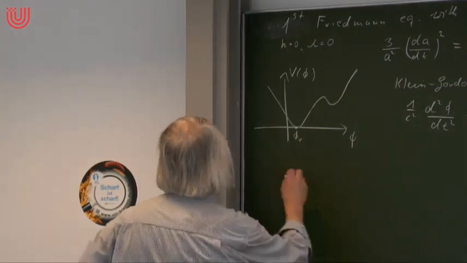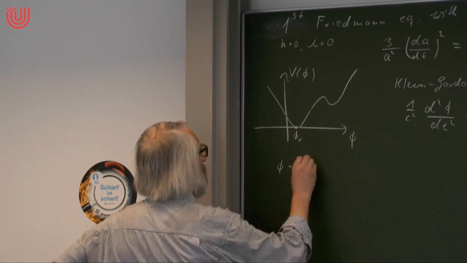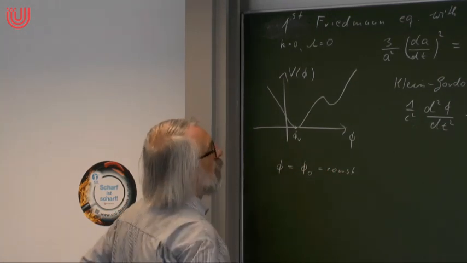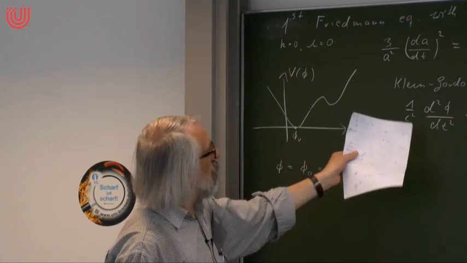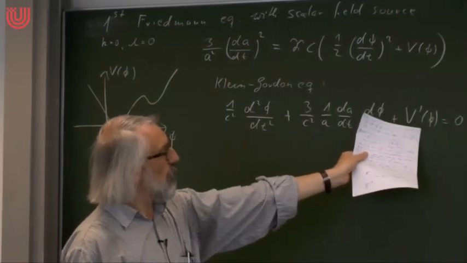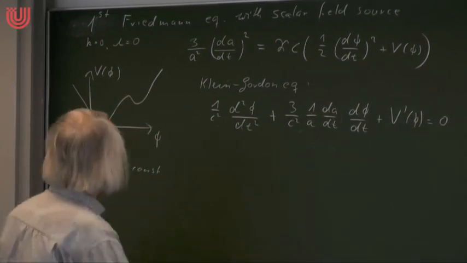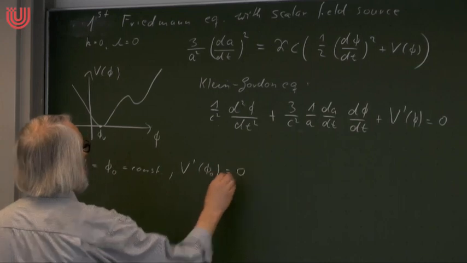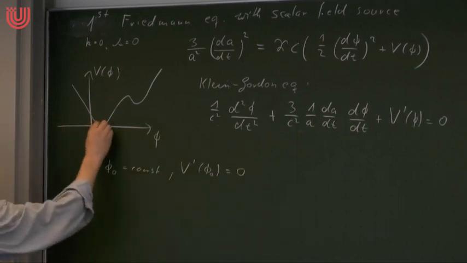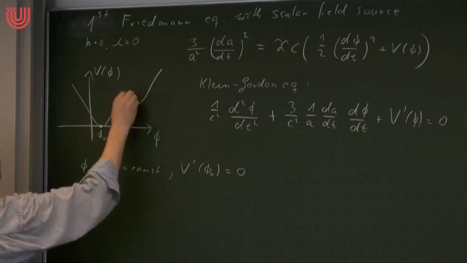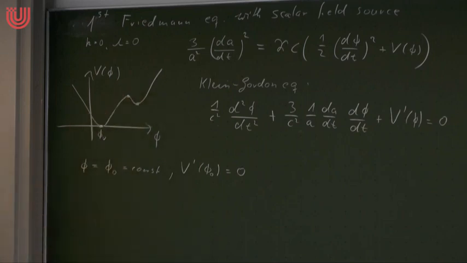And in order to do this, we have to choose the phi field as constant. And of course, because of the second equation, if it is constant, this only works if it is an extremum. So of course, we must have V prime of phi naught equal to 0. So we have it either here in the ground state, or in some other minimum, or maybe also in a maximum or in a saddle. Just the first derivative must vanish.